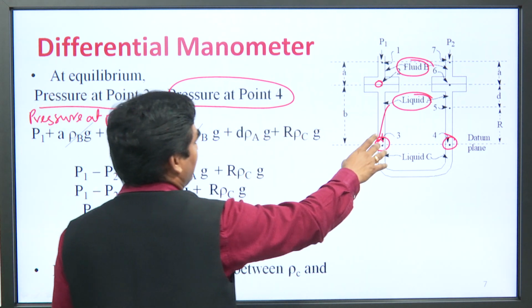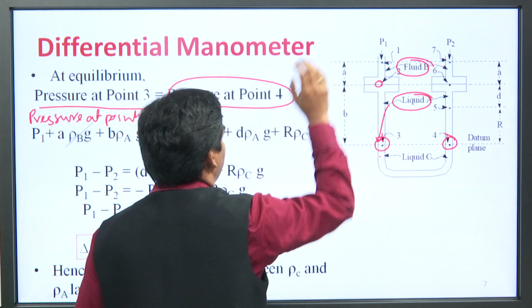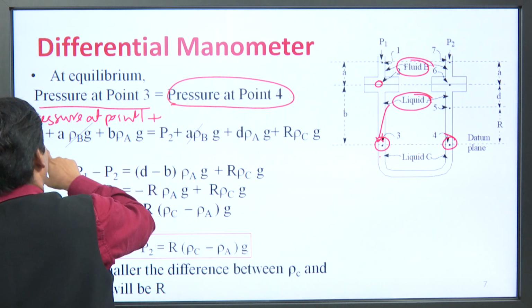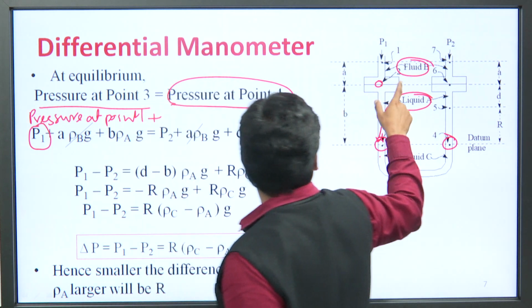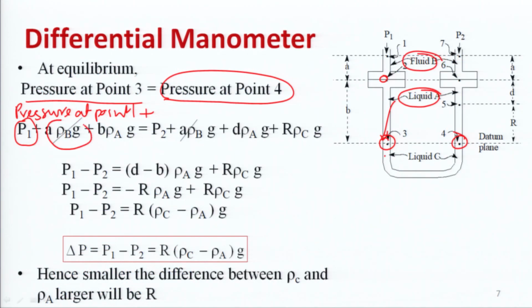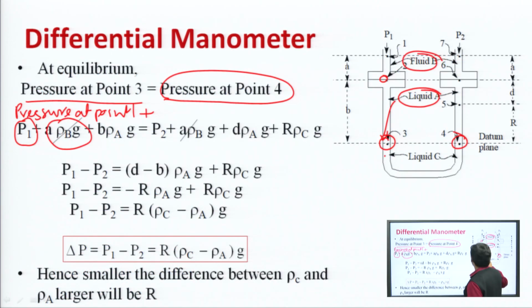So, it is the sum of all these three pressures. At point 1 it is P1, at point 2 it is A rho B g, and at point 3, due to liquid A, it is B rho A g.